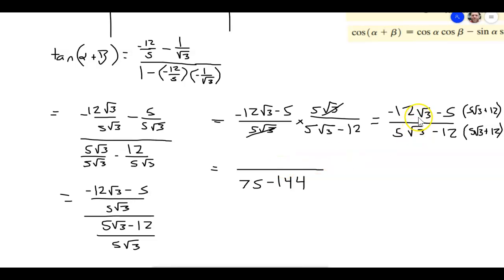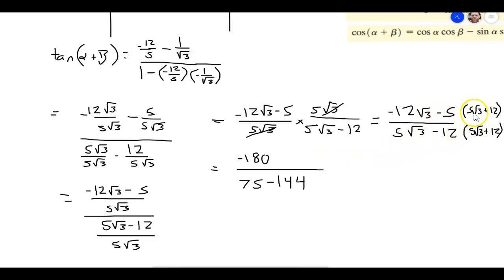And then on the top here, we're going to have 5 times 12 is 60. 60 times 3 is 180. So I'm going to have negative 180. Let me just double check my math here. Negative 60 times 3. Okay.